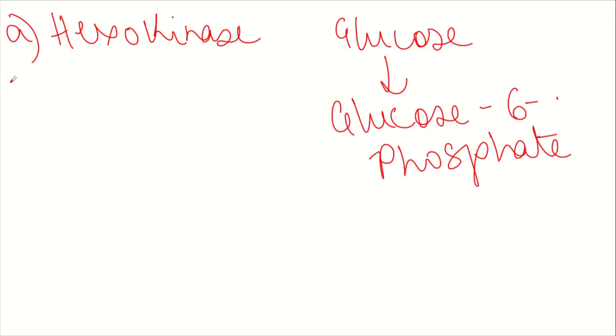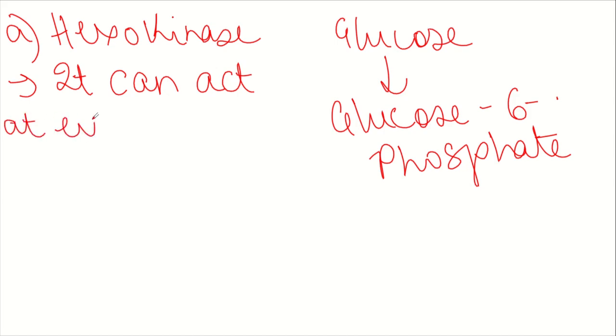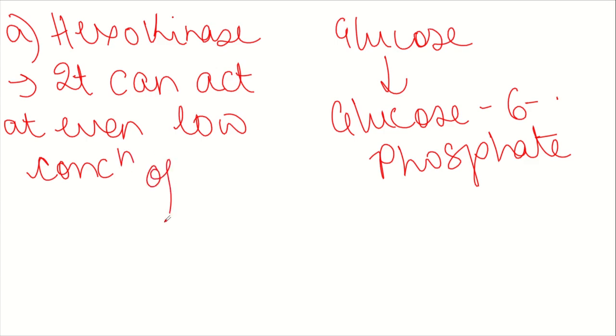So here is one feature, or you can say one function, of hexokinase: it can act even at low concentration of glucose. So hexokinase will be activated even at low concentration of glucose.